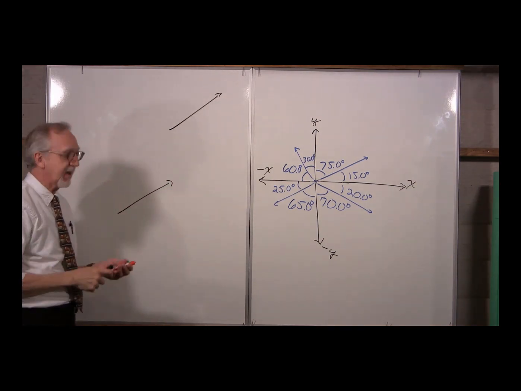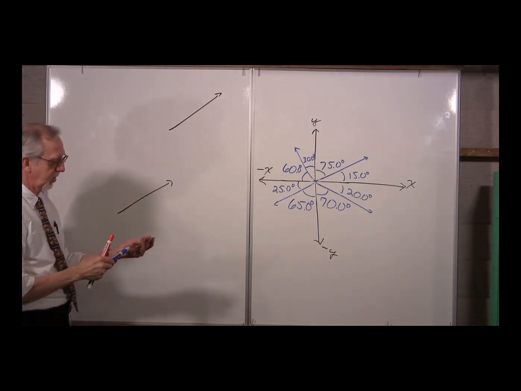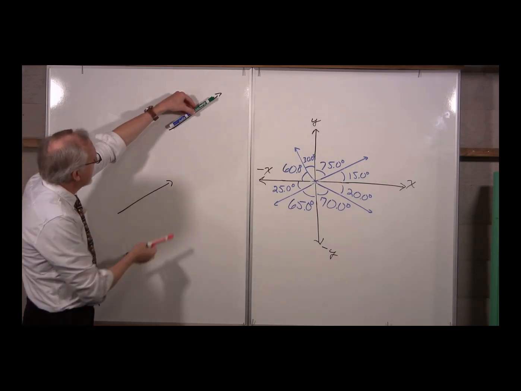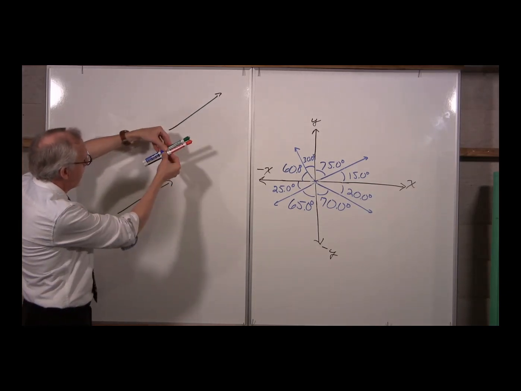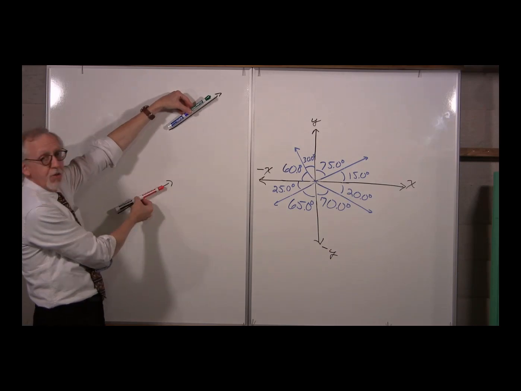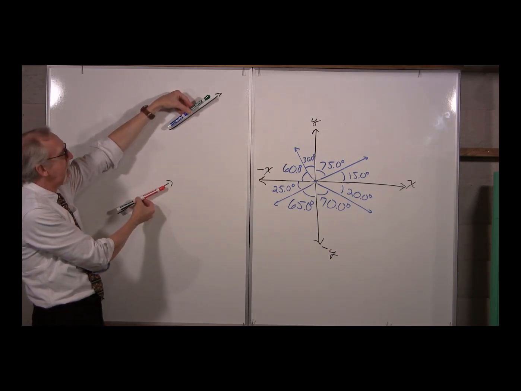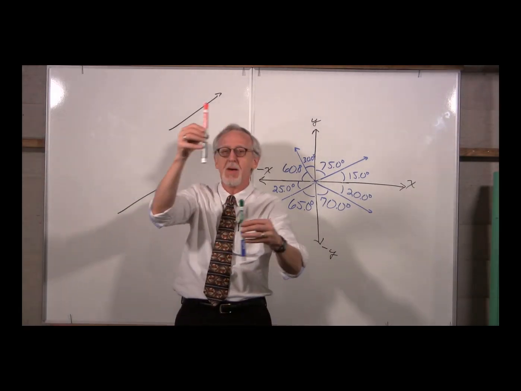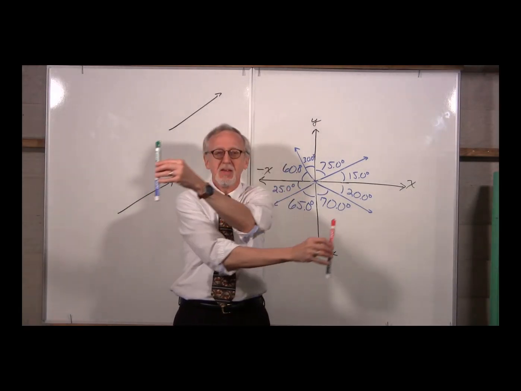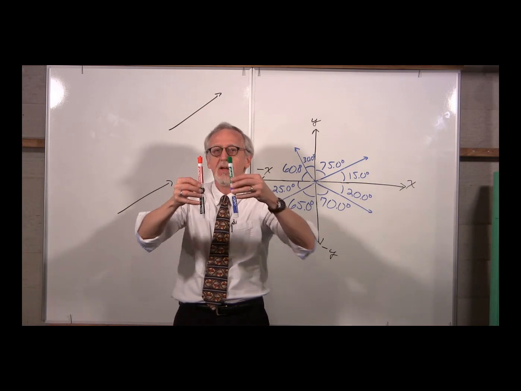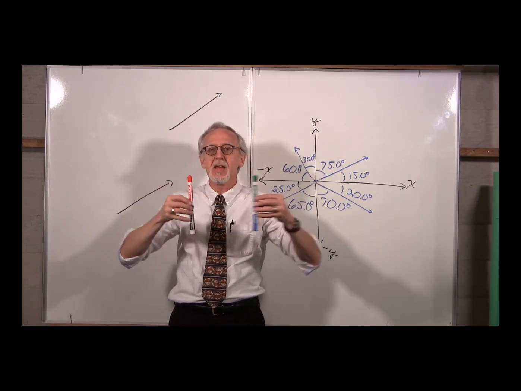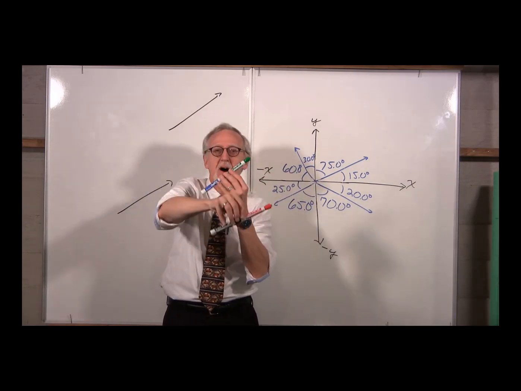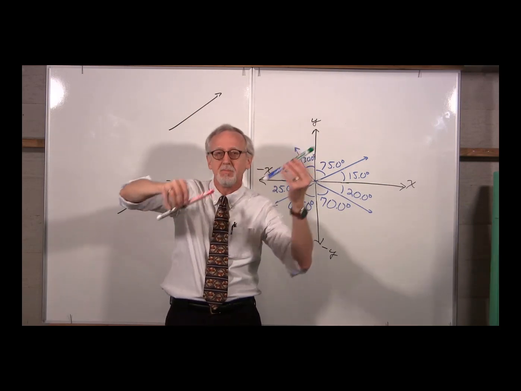Now, if those vectors, I'll make two little vectors here, if those vectors have the same length and the same direction, in other words, if they're parallel, they are the same vector. So two vectors that are parallel with the same length, it doesn't matter where they are, as long as they have the same length and are parallel, they are the same vector.